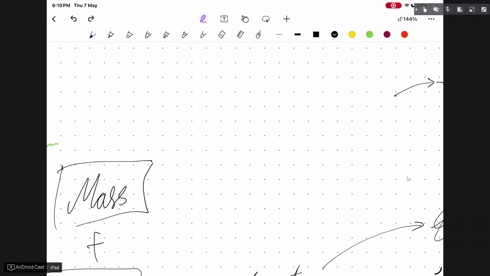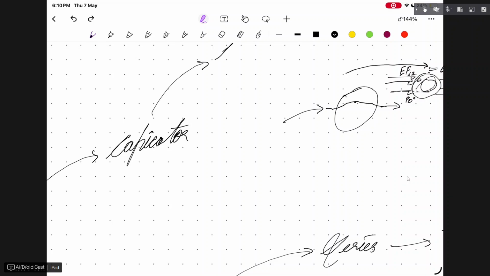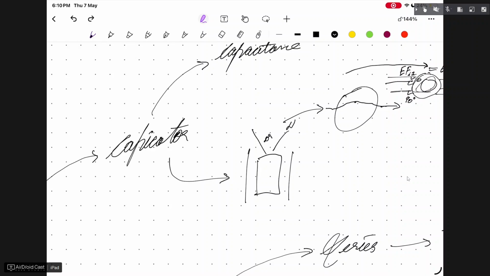Correct? Now what happens is usually in a capacitor, we measure its strength through capacitance. And usually in a capacitor, the system is like this, and there is a conductor or a dielectric.